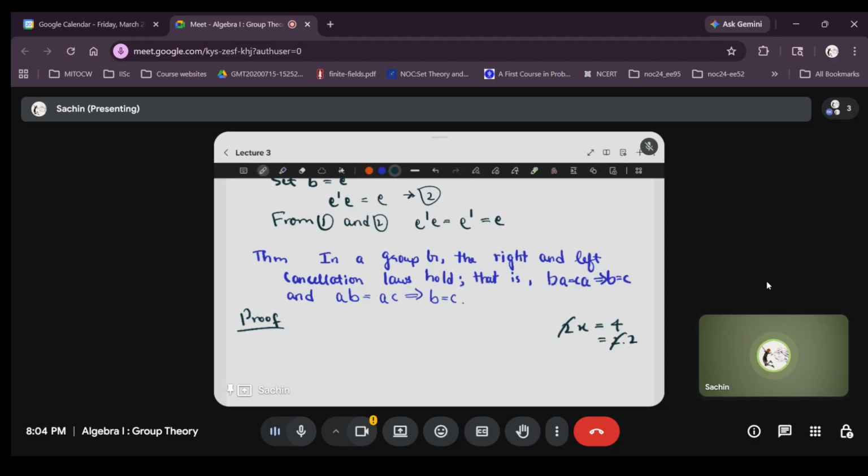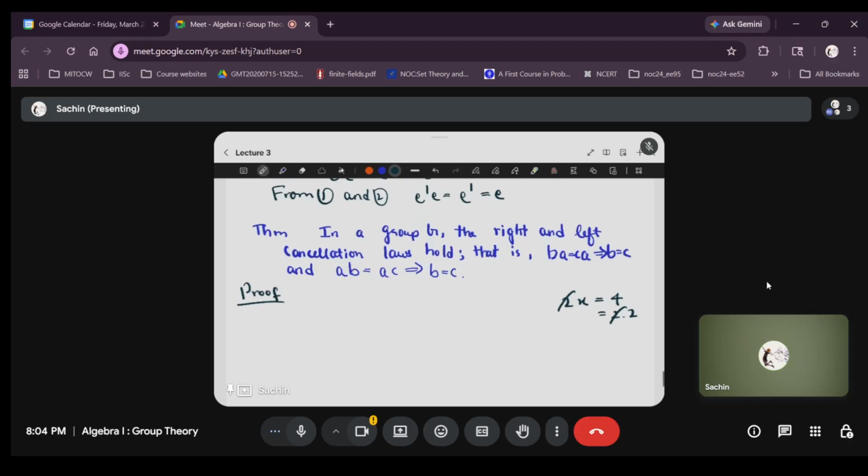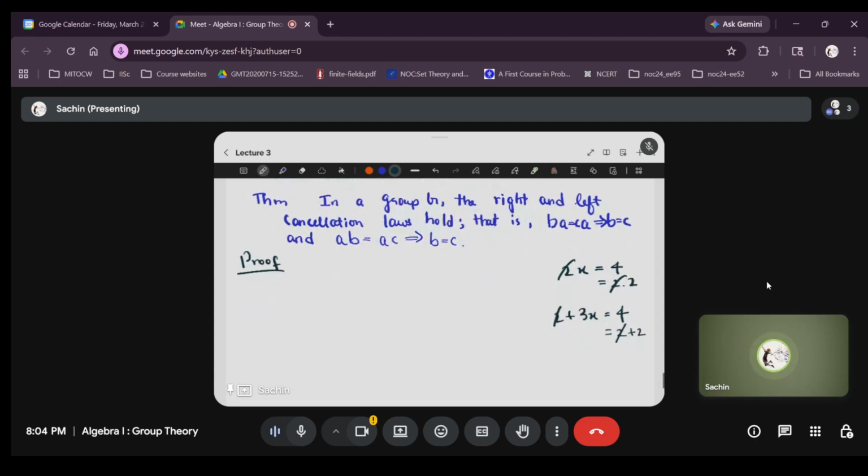But that was for integers, real numbers with the multiplication operation, and with addition you had 2 plus 3x is 4. Then you can write it as 2 plus 2, and you can cancel out 2 on both sides. So 3x is equal to 2. So in addition also it holds.